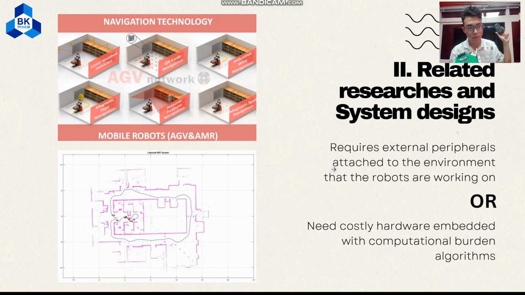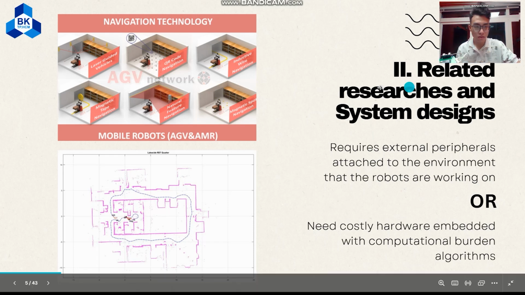To accomplish that, some external devices must be attached to the environment. That device may be the camera, the ultrasonic, or the ultra-wideband module. And the second research trend is by using expensive sensors and computationally burdensome algorithms like simultaneous localization and mapping, or in short, SLAM.